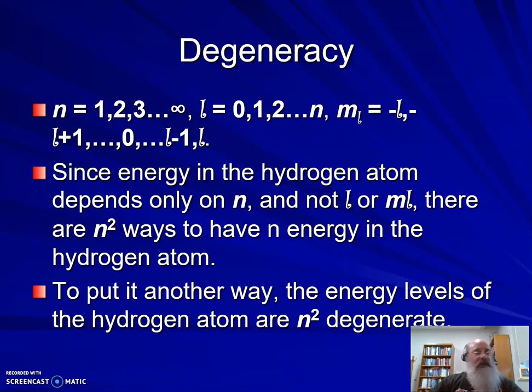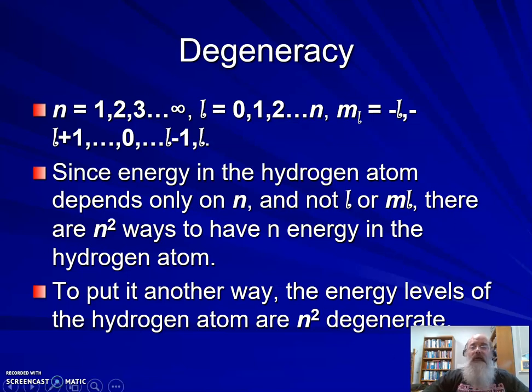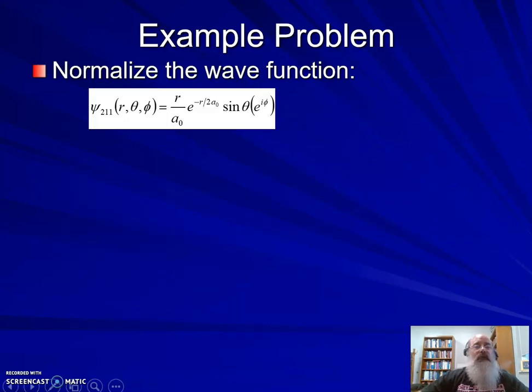I hope I'm able to figure out a way to do derivations and normalizations and things; well, normalization wouldn't be too bad. One of my favorite problems that we've done throughout the semester is normalization problems. So what, for example, if I asked you to normalize this particular wave function?